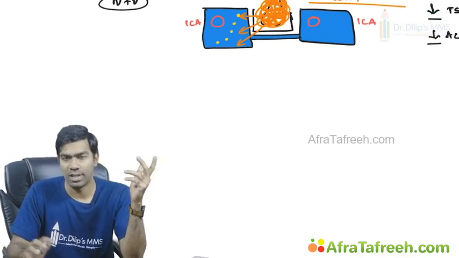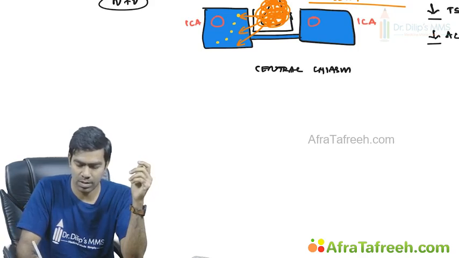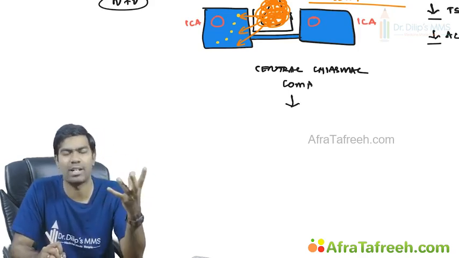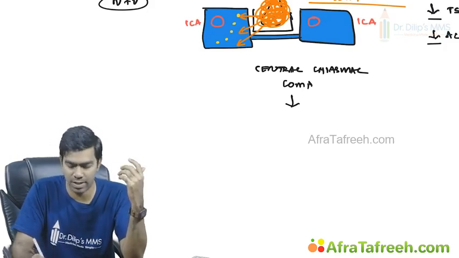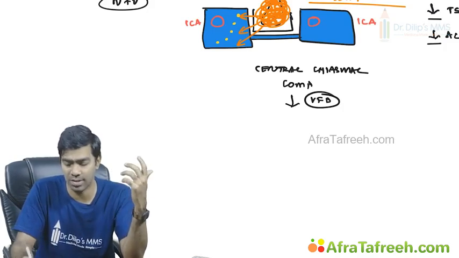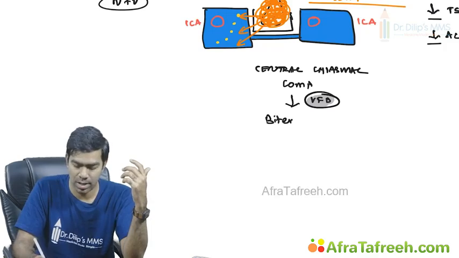So what are the features of a central chiasmal lesion? Whenever you get a central chiasmal lesion or a central optic chiasmal compression, you are going to get a very characteristic type of visual field defect. Obviously, it will result in a visual field defect. And what is the characteristic type you're going to get? That is called a bitemporal hemianopia.